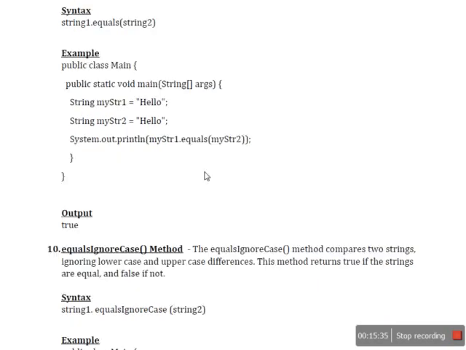And the example is that this is our first string mystr1 and this is the second string mystr2. So this is hello and this is hello again. Now we would like to compare whether mystr1 and mystr2 are equal. So how will we compare it? First string dot equals second string, so mystr1 dot equals mystr2.